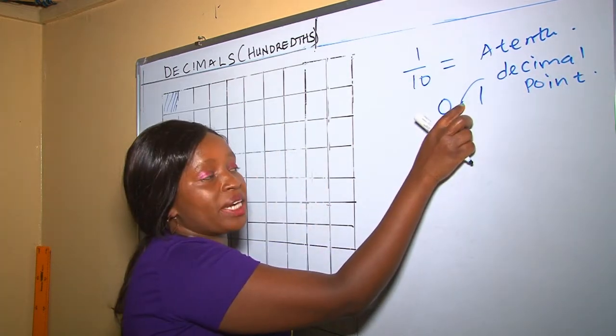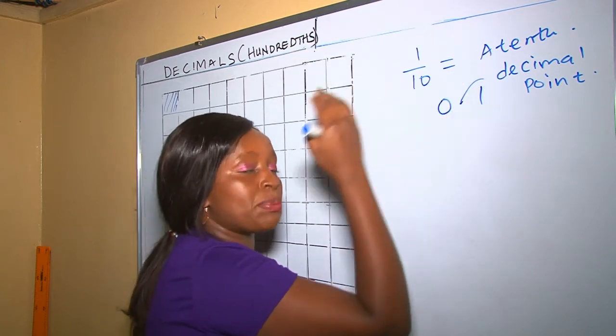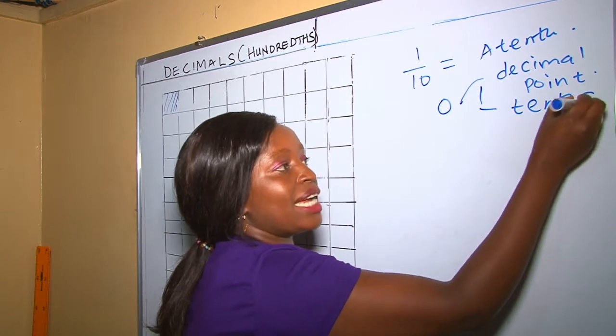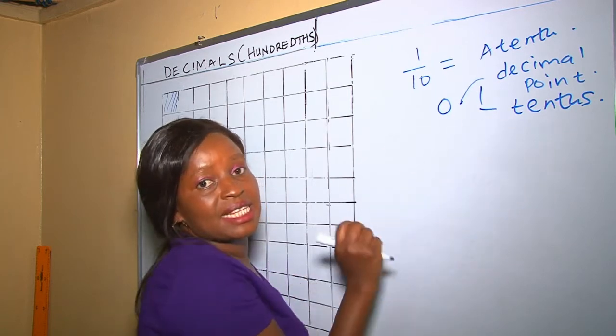After the decimal point, the first digit on the right has the place value of tenths. So this is 1/10.